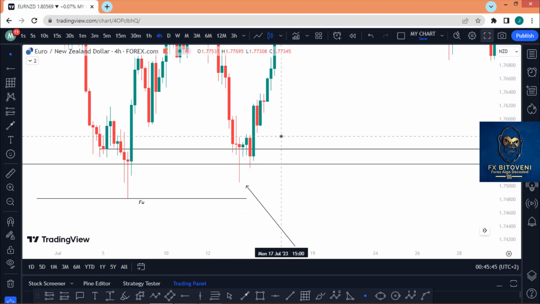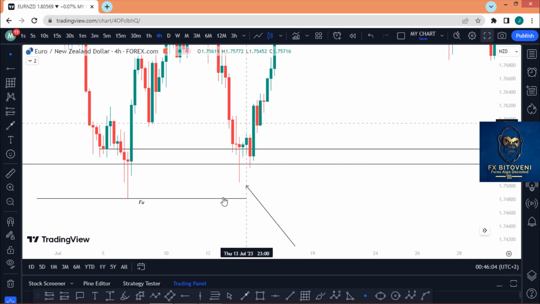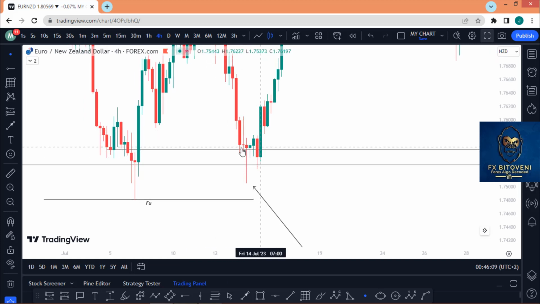If you remember the video I released about manipulation, this manipulation means the next move is likely to go higher. If you go back and rewatch, you understand the idea behind this type of move.